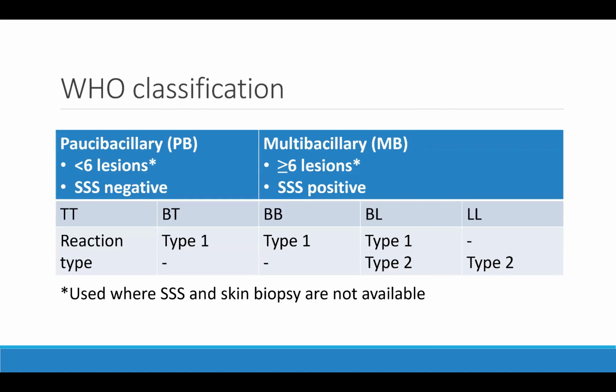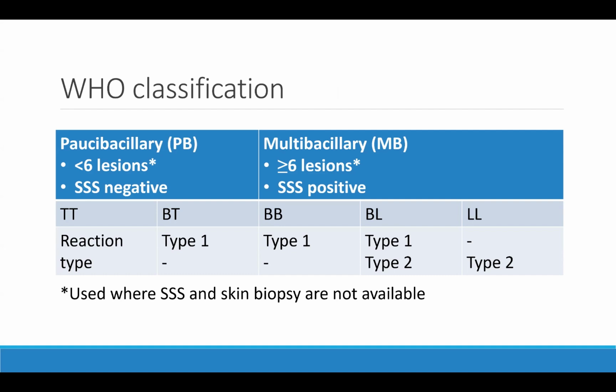On the other hand, for ease of use, the WHO classification has been implemented in order to make things easier for workers on the field and especially to institute treatment. This is only divided into two categories, which are paucibacillary PB or multibacillary MB.